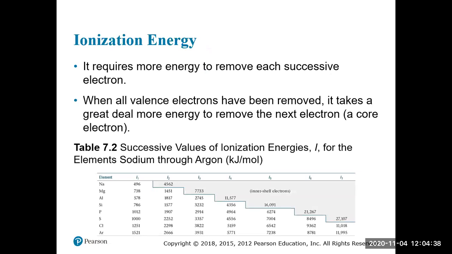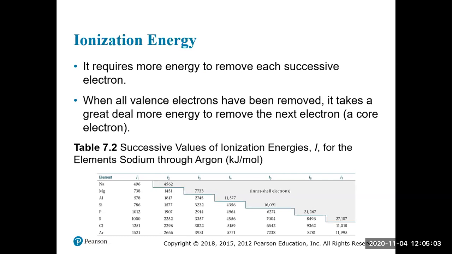As I said, with each successive electron that you remove, it requires more energy. So it's not the same amount of energy every time. It's more energy each time. And if you think back to that isoelectronic example that we had, that helps you understand a little bit.